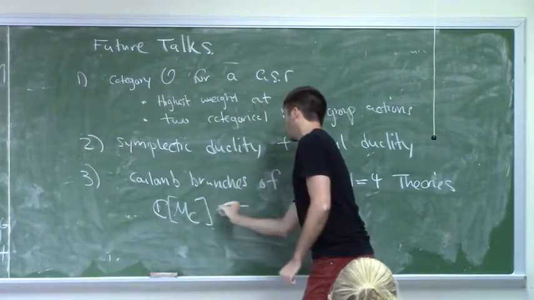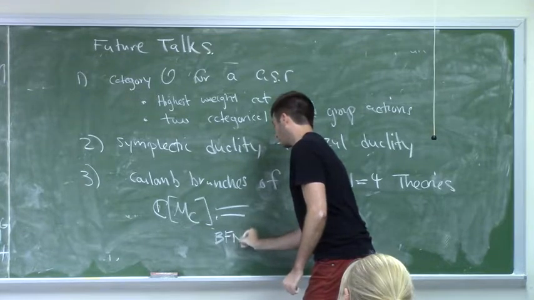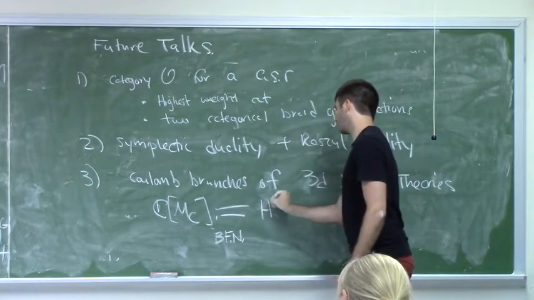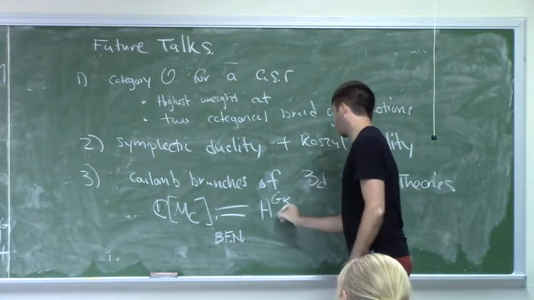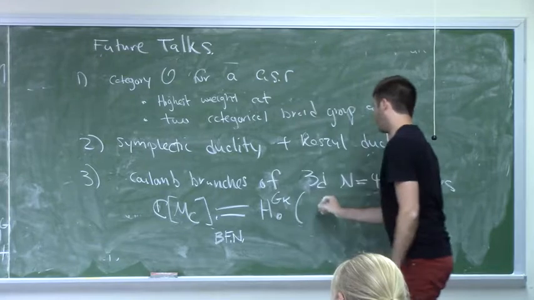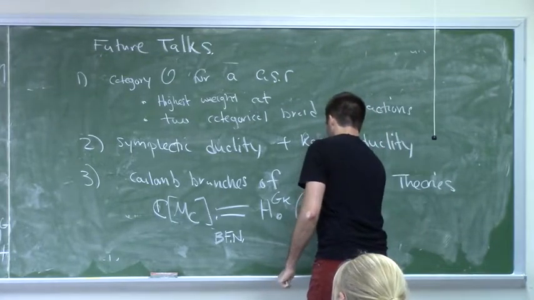And so there's the definition due to Braverman, Finkelberg, and Nakajima, which identifies this with the GK equivariant homology of a version of the convolution Grassmannian.